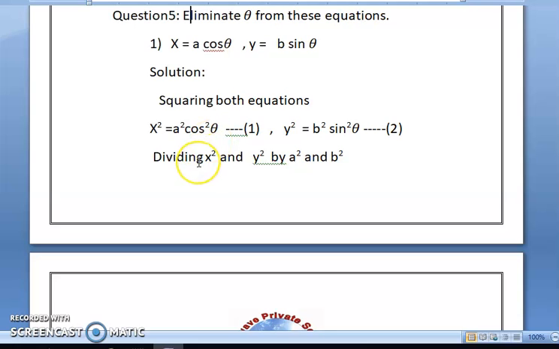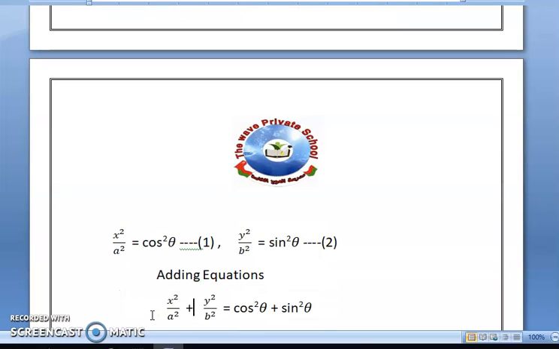After this, we have to eliminate theta. In order to do that, we divide x square and y square by a square and b square. Now our equations become x square over a square equals cos square theta, and y square over b square equals sin square theta.